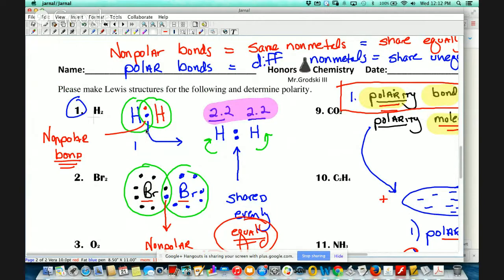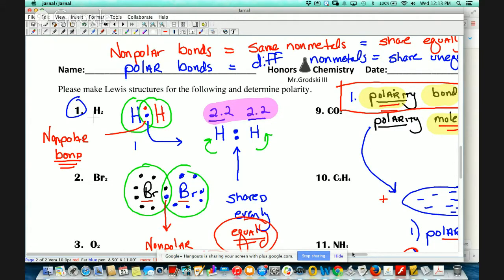If you watched my other 2 lectures that I posted yesterday, I do a very good job, probably a better job than I did yesterday in explaining that. So H to H and Br to Br are nonpolar. They don't have more electrons on one side or the other, so there are no poles in their bonds. They're sharing equally. It's a nonpolar bond.